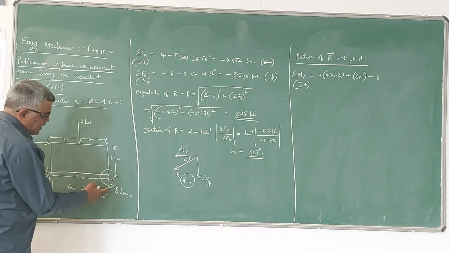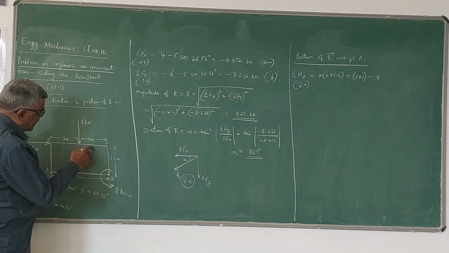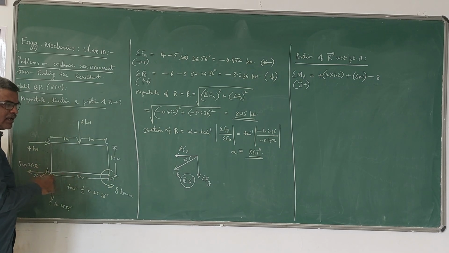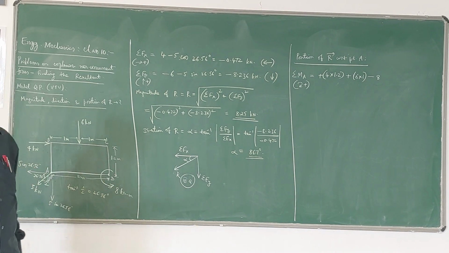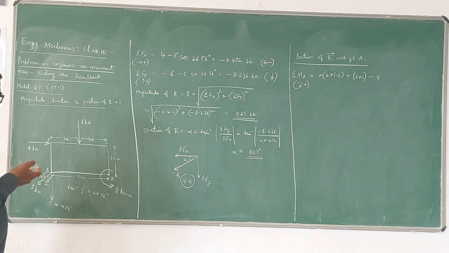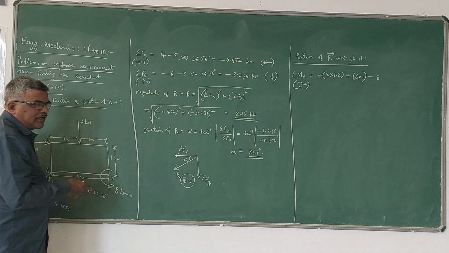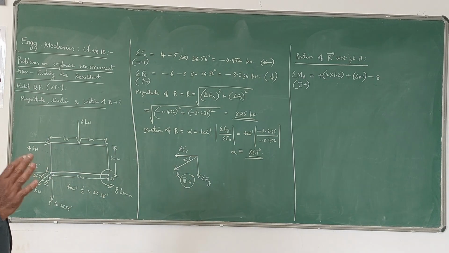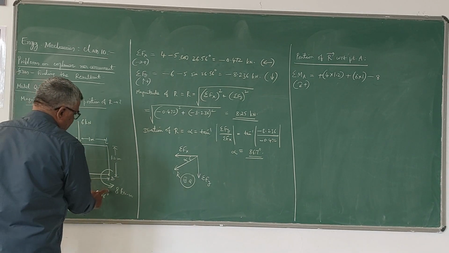So whether the 8 kN m acts here or here or here, wherever it acts, even if it acts at A, you have to take that because it is a moment. So the effect of whatever external couple or moment is given remains the same wherever it acts in the plane of the forces. So this is minus 8 because it is anti-clockwise.